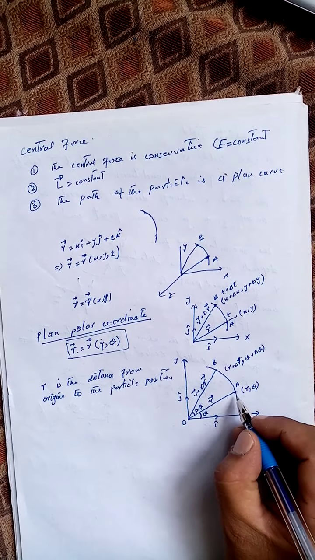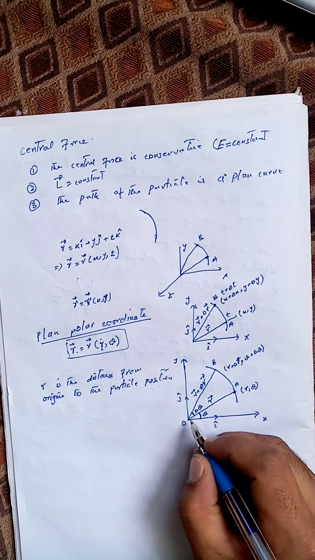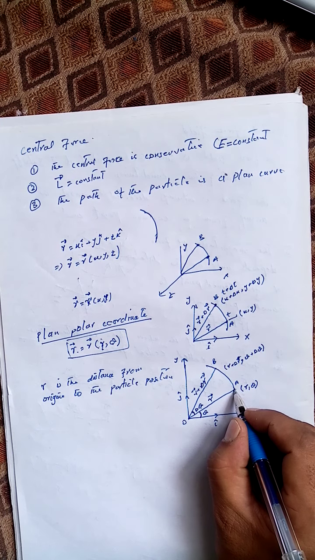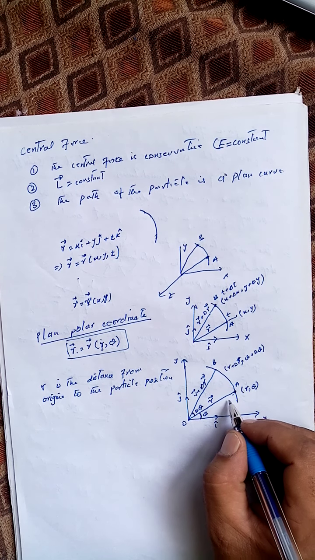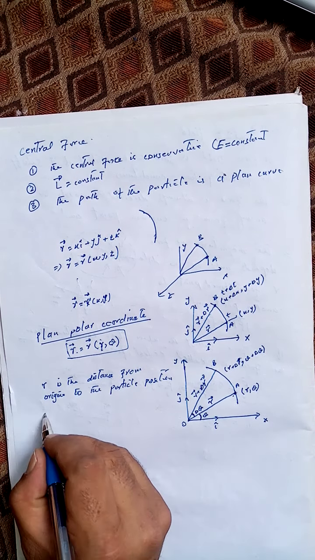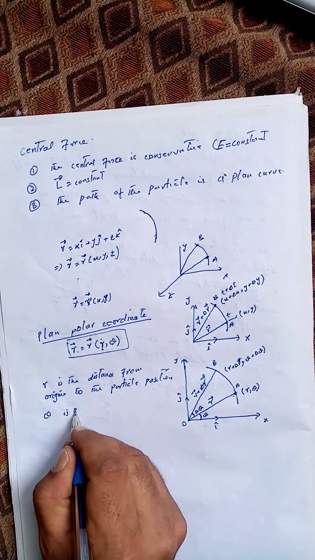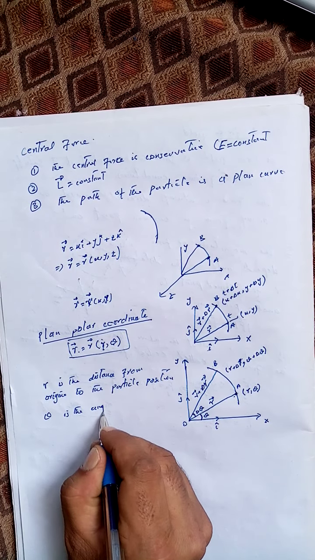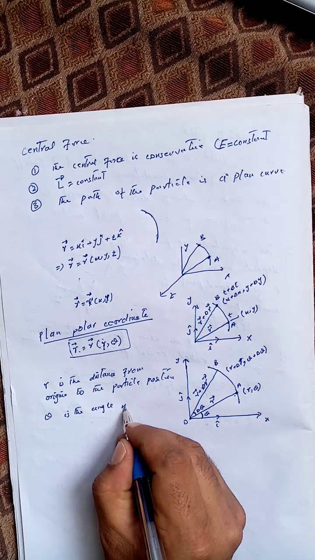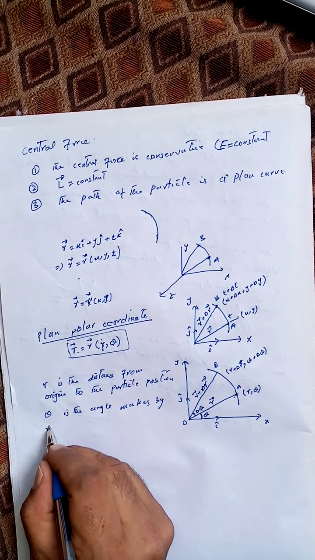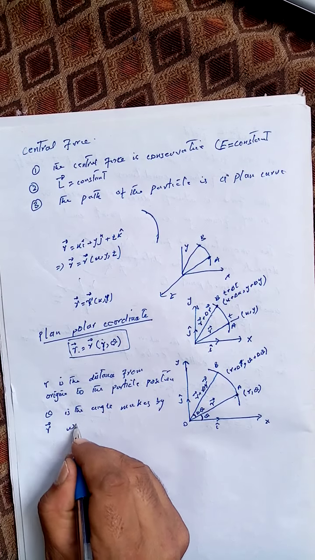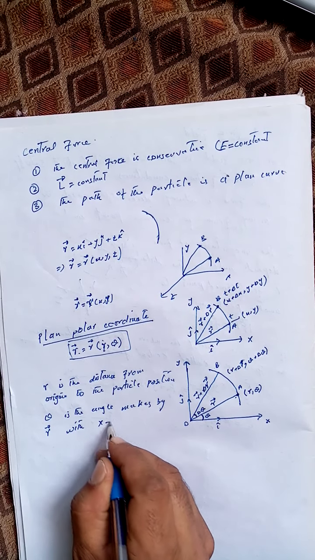Here the particle is at point A, so the distance from origin to this point A, to this particle, is r, and theta is the angle made by this position vector r with the x-axis.